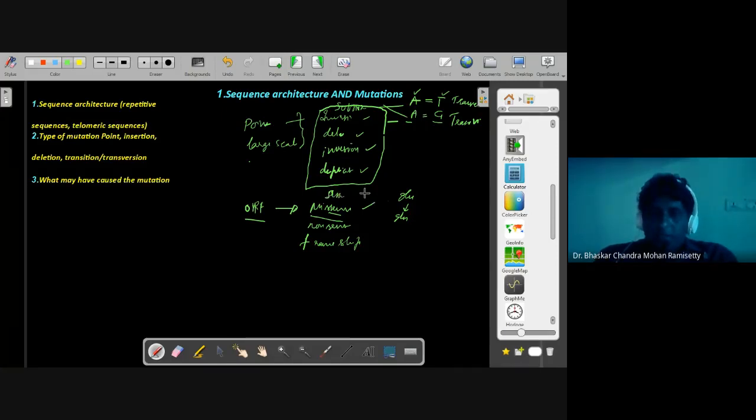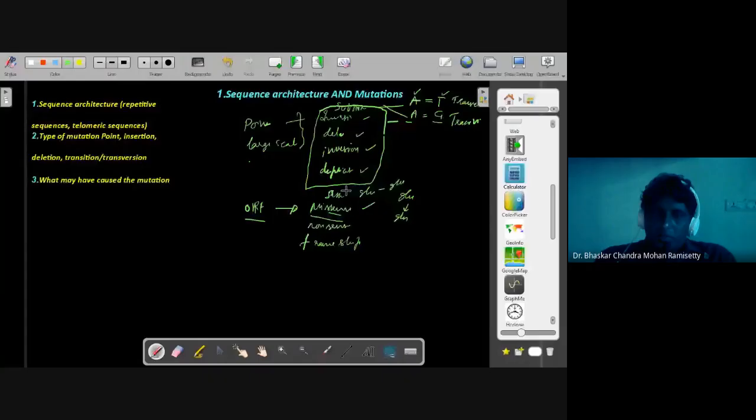Here the substitution is something like glutamic acid. Even though there is a mutation at the level of DNA, if the codon still encodes glutamic acid, then that is a silent mutation. Missense is glutamic acid being coded by, because of the mutation, it now codes for glutamine.